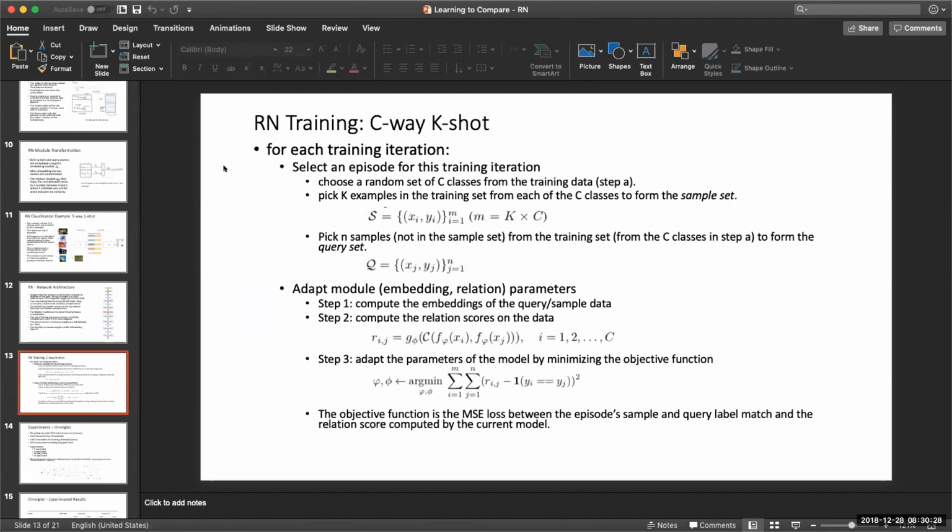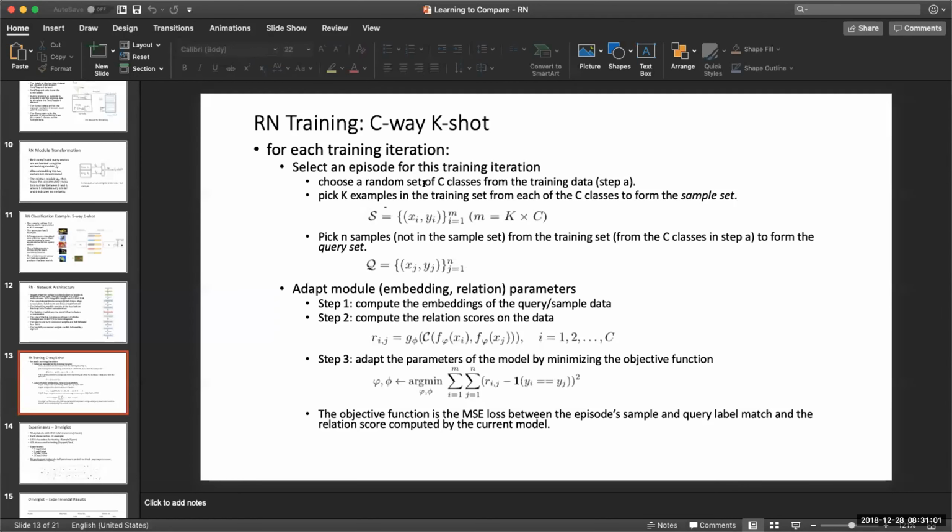This is very much analogous to the way we train deep networks with many batches. Within each iteration, we select an episode, which is basically a set of data to be used in that iteration.